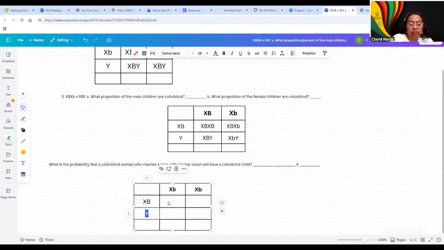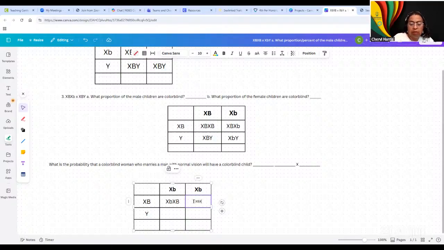So let's work this out. X lowercase b and X with a capital B. And I could have written that the other way around, but I took the top and the bottom first. All right, so we got one female. She's not going to be colorblind because we got that capital B. So Dad saved her on that one. And we got this female. I'm going to write it the correct way.